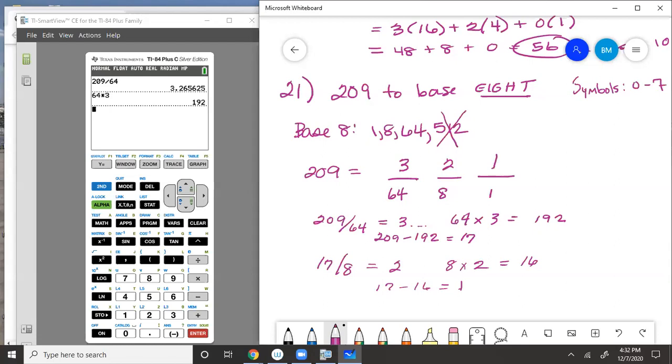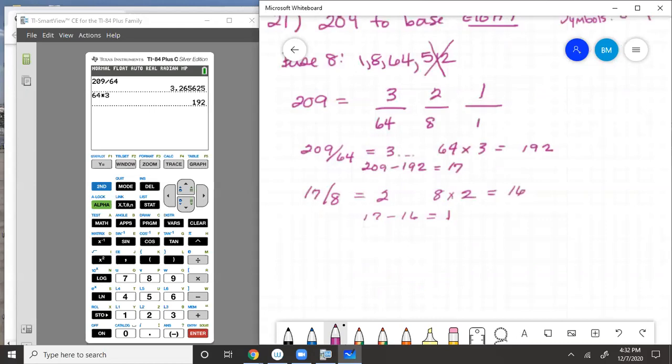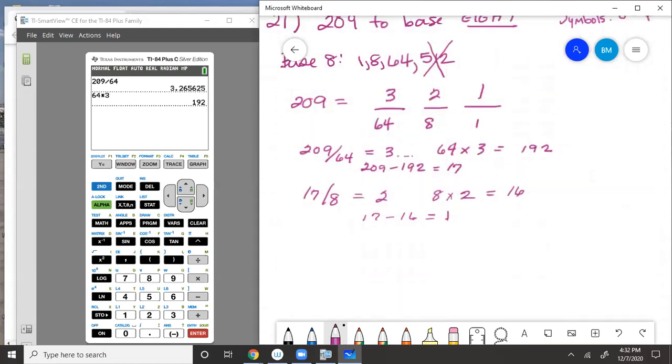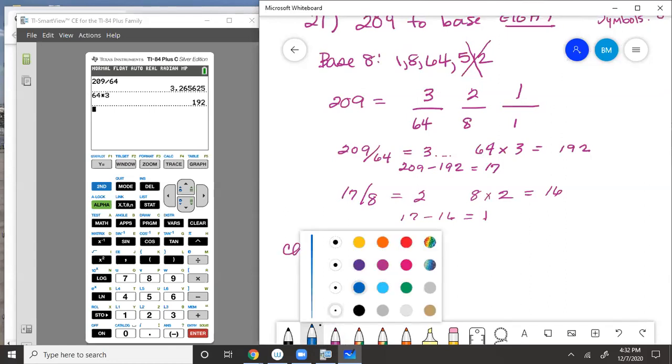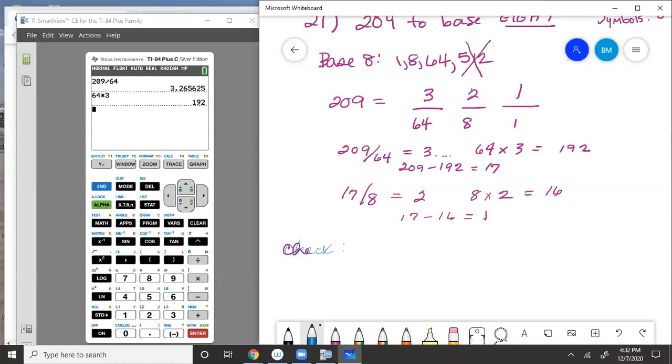Okay, let's check our work. Ooh, that one was a little complicated. So to check our work, we have 3 times 64 plus 2 times 8 plus 1 times 1. I basically reversed everything I would have done going the other way, okay?